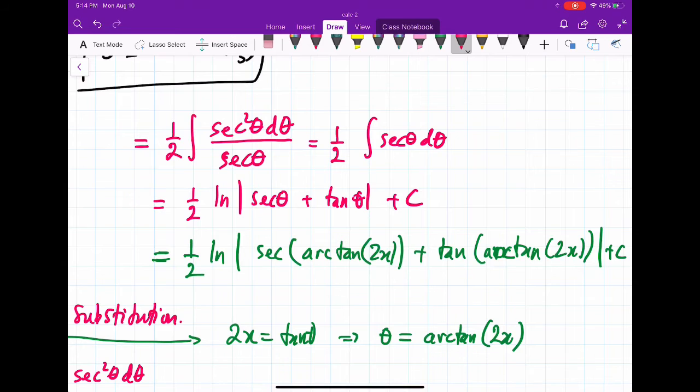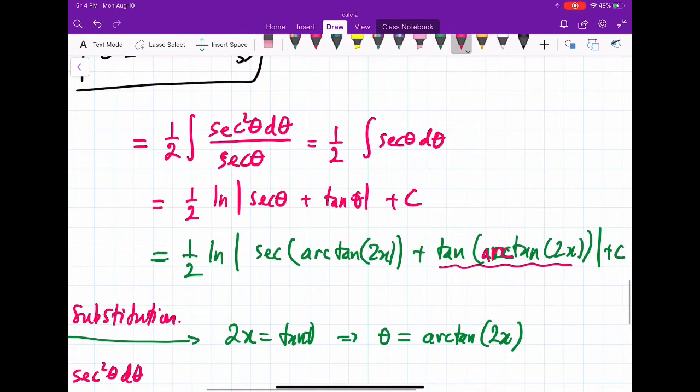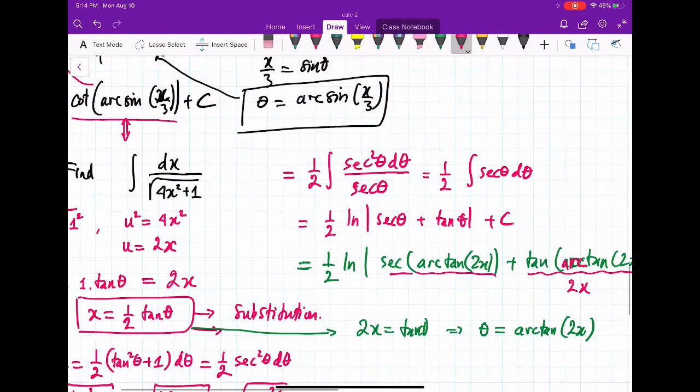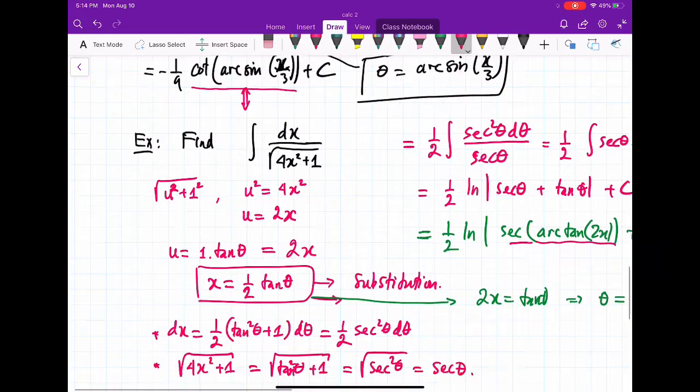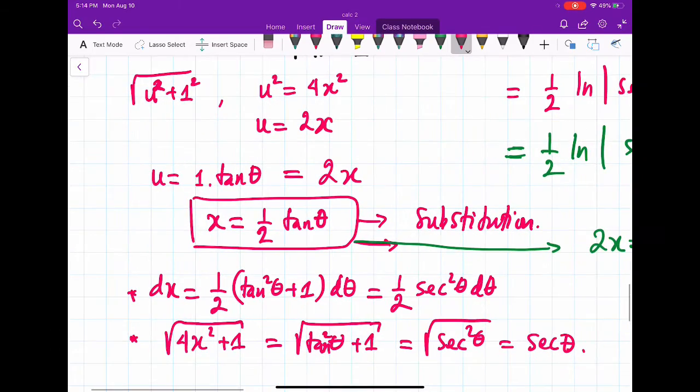So what is this? Tangent of arctangent, that is just 2x, right? In here, of course, you might simplify this, but again, I'm okay with this answer. Agree? So you see, that's how we can use this tangent substitution.